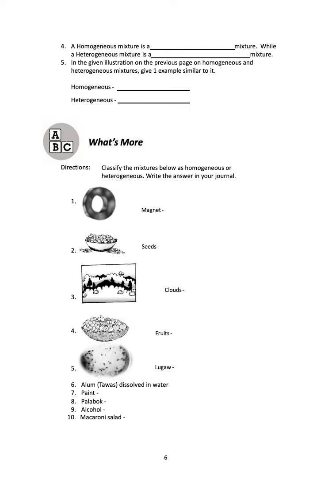When you group these different kinds of pictures, when you classify, is it homogeneous or heterogeneous? Seeds, yung mga buto. Clouds, fruits, and lugaw. Lugaw yung number 5. Number 6, you have alum, tawas dissolved in water.